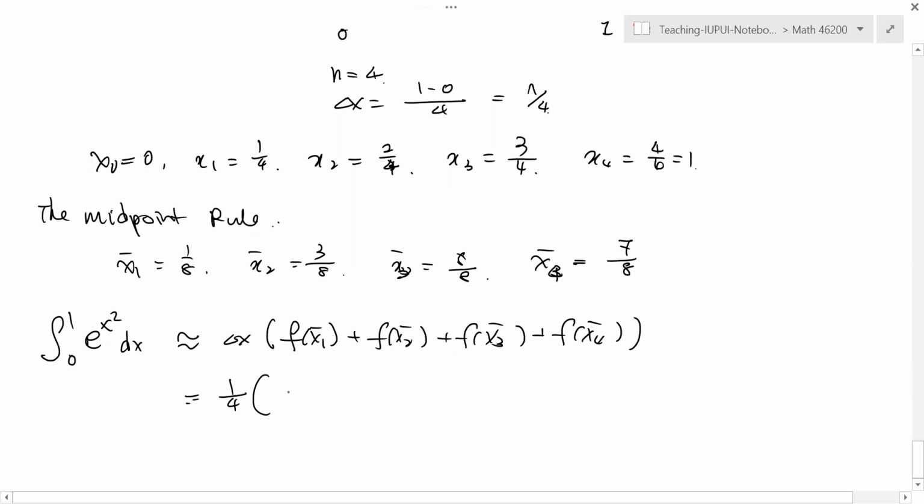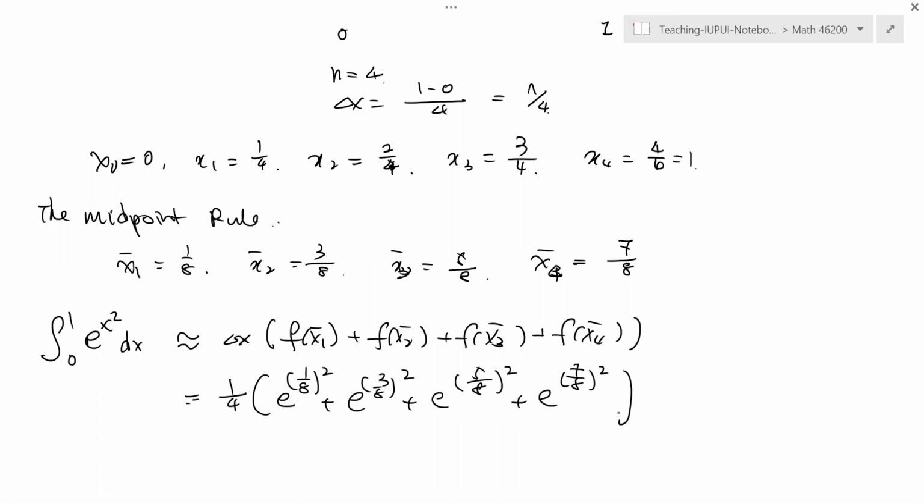For x1 bar, it's e to the 1 over 8 squared, e to the 3 over 8 squared, e to the 5 over 8 squared, e to the 7 over 8 squared. So that's what we get. You can use a scientific calculator, not the graphing calculator, to estimate this number.